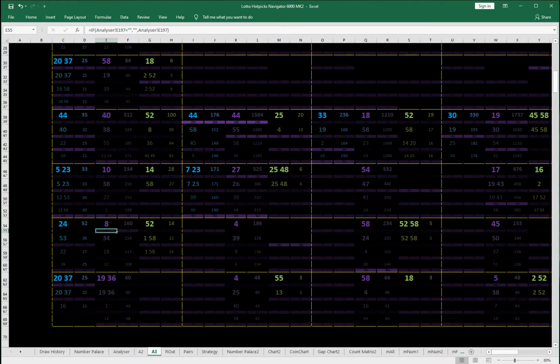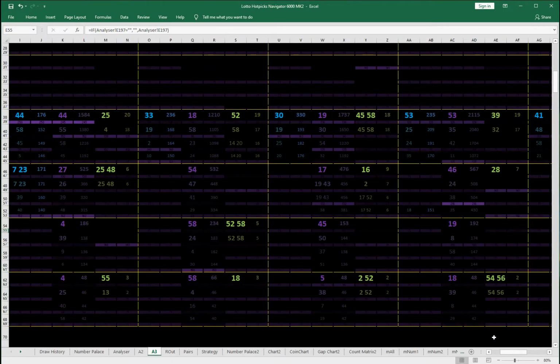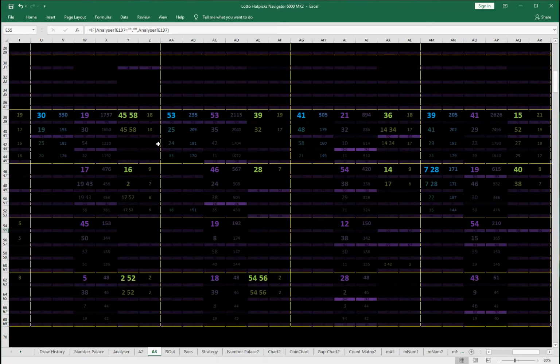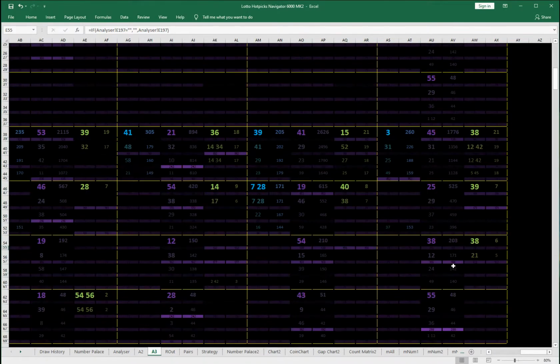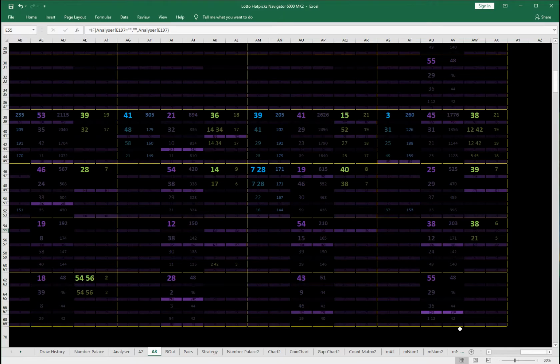Then we've got the first temporal column, second temporal column, third temporal, fourth, fifth, sixth, and finally the bonus. See, you might be better off picking something like 36 as the bonus, or maybe 45, or any of these numbers.